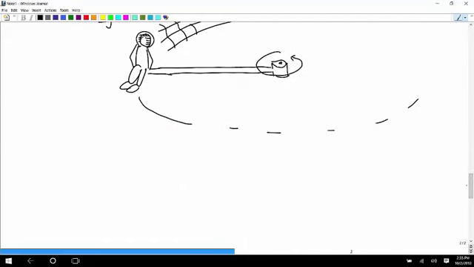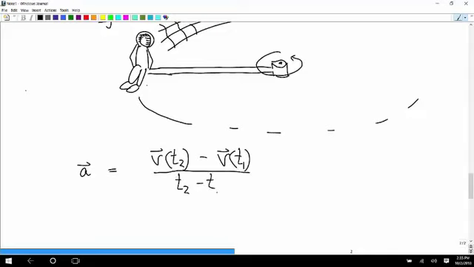Okay, so the mathematical definition of acceleration is the same as it was in 1D, except everything's a vector now. Well, velocity and acceleration are vectors. So the acceleration is equal to the velocity at the later time minus the velocity at the earlier time, divided by the later time minus the earlier time.